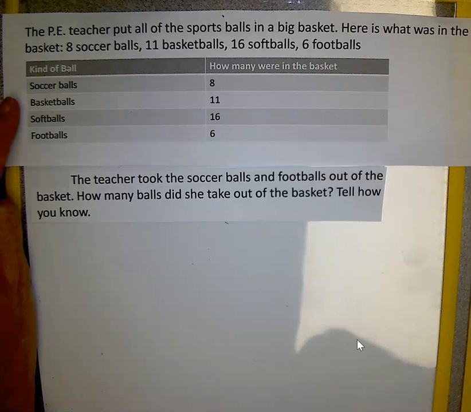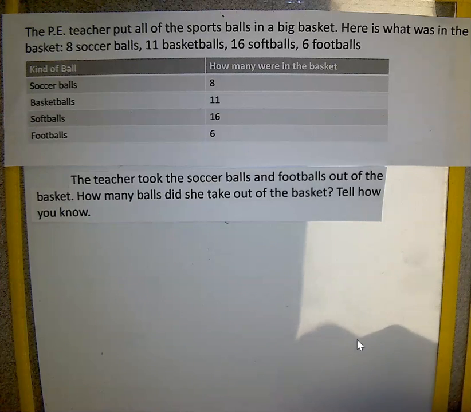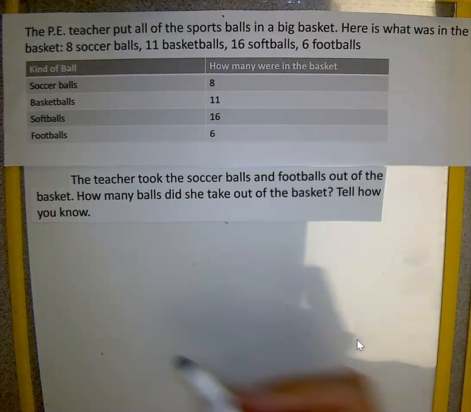So we know how many were in the basket of soccer balls, basketballs, softballs, and footballs. Do we need to know all of that information? No. What are they asking? Soccer balls. So I'm going to go ahead and write down the data that I need.